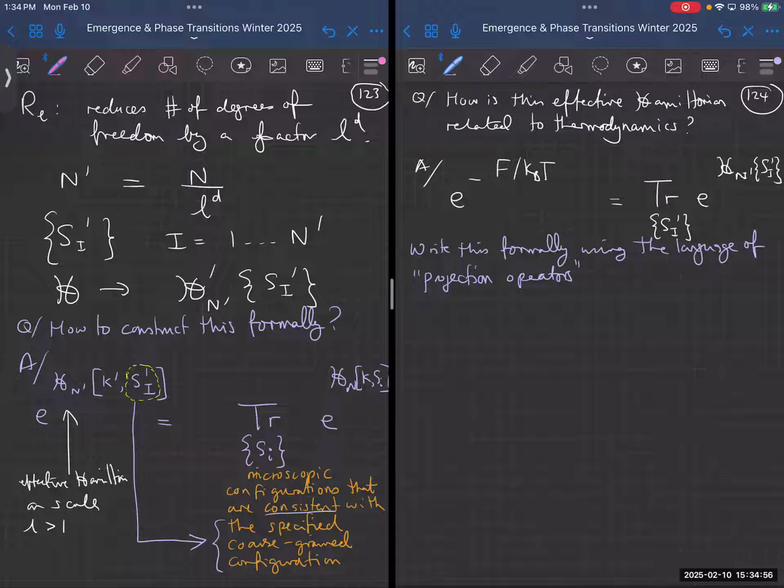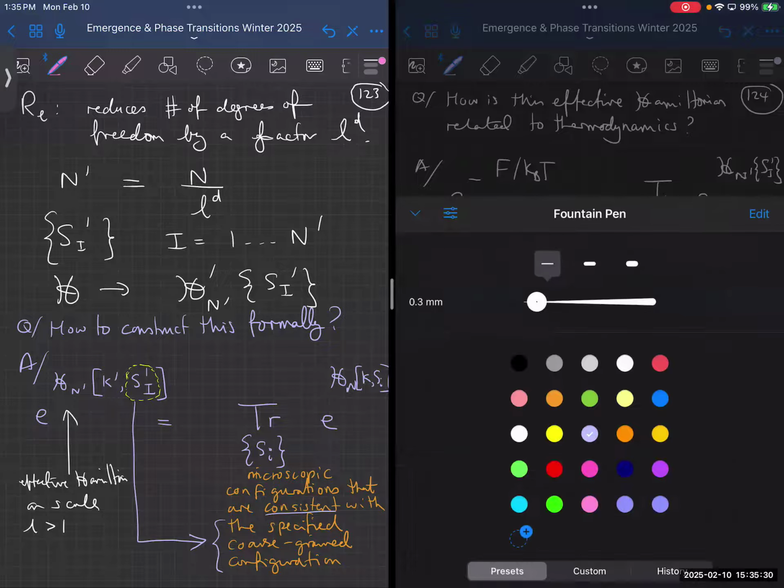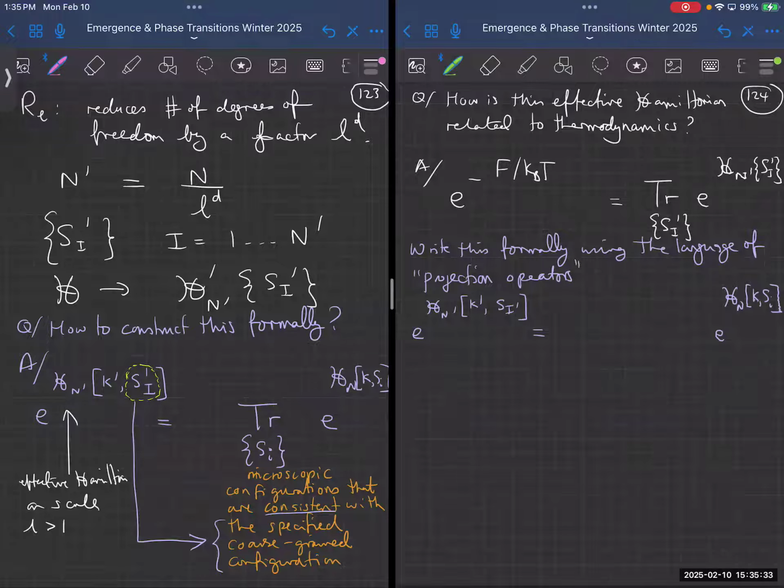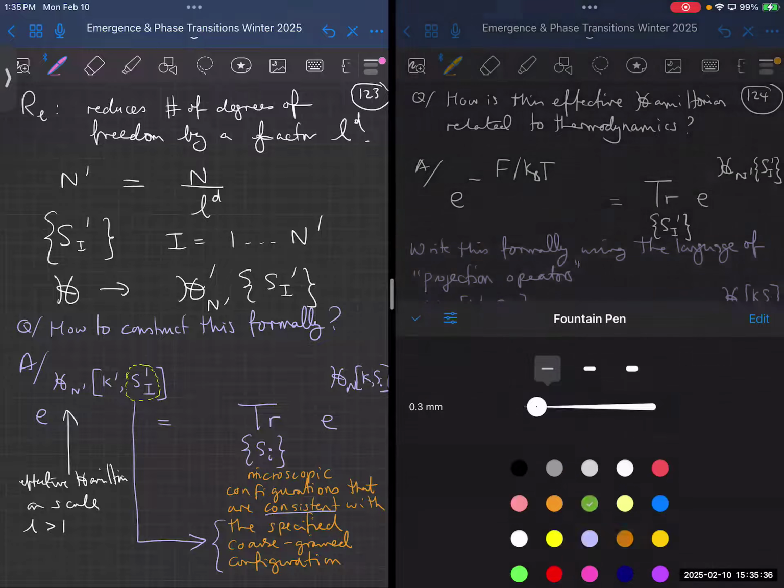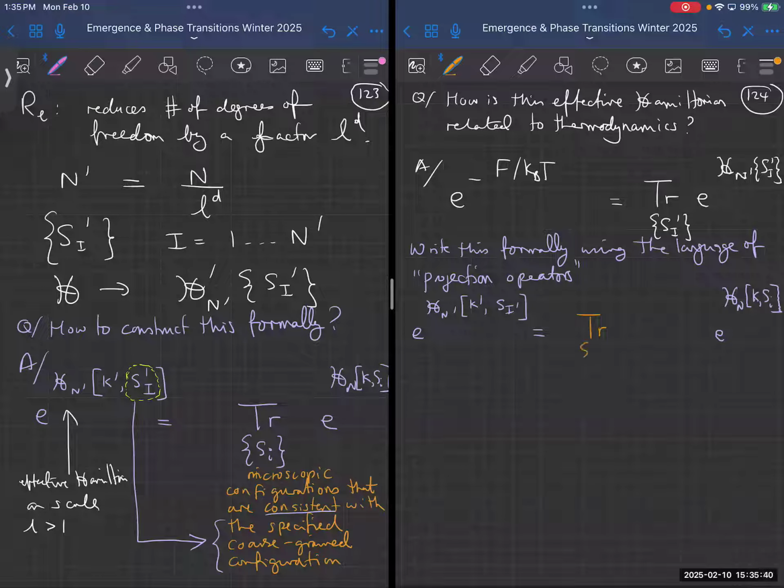So we're going to write it in the following way. My rule for doing coarse graining, for getting my coarse-grained Hamiltonian that depends on my new coupling constants and my new degrees of freedom, Si prime, is that I take my original Hamiltonian, like so, and we are still going to take a trace over the microscopic degrees of freedom, the SIs.